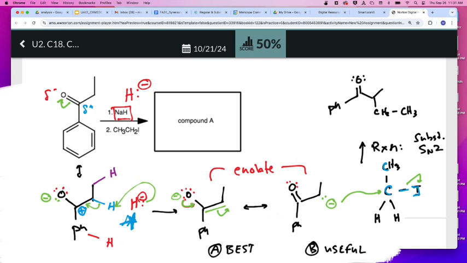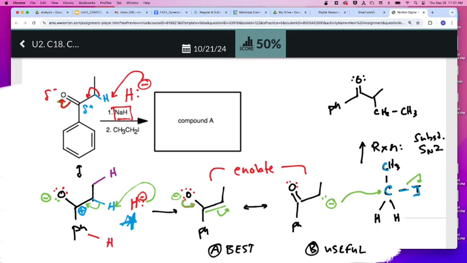However, this structure is not what I should be reacting. What I should be reacting is the best one, which means my hydride should actually be reacting with the top structure. So if we were to go through the mechanism more appropriately, we would show that hydride, or that hydrogen, with our electrons coming in. We'll use red arrows this time because we're highlighting a different system.